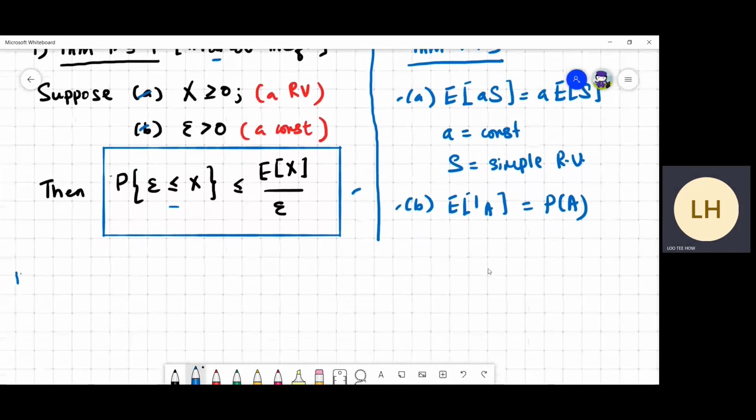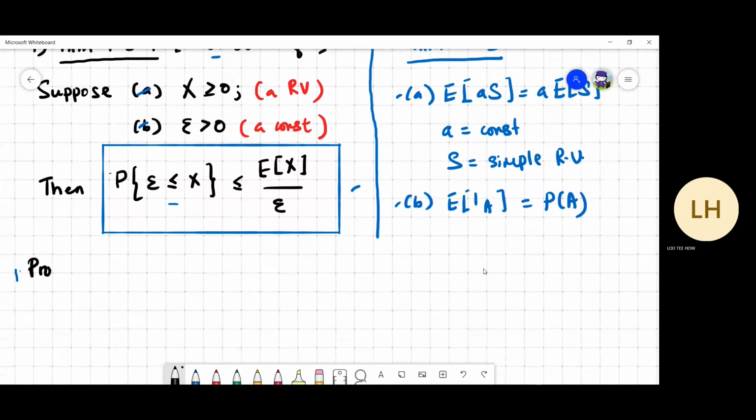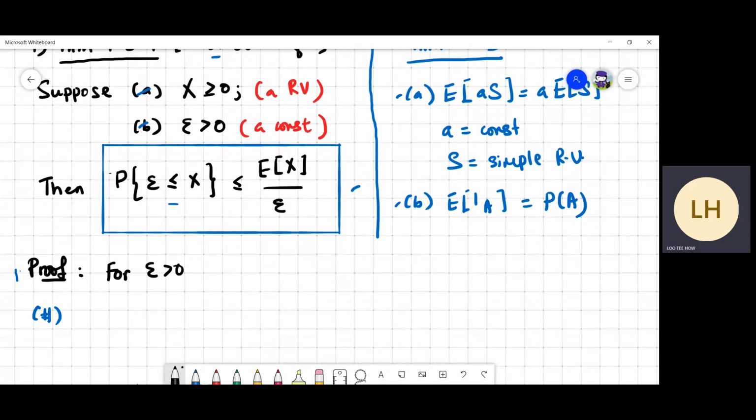Okay, let's look at the proof for this theorem. To do this, let's look at several observations. First of all, this is our hypothesis: we always assume epsilon is a positive constant. So in this case, we have a first observation. We can observe that this event, X greater or equal to epsilon, is always a subset of the sample space omega.